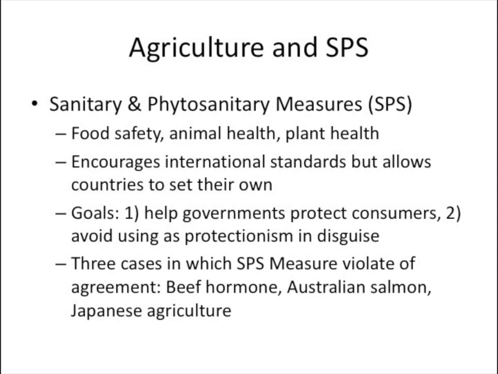One was a beef hormone case, in which the U.S. had less stringent beef hormone regulations than the EU, and the EU regulations were seen as a trade barrier. There are also cases in Australian salmon and Japanese agriculture.